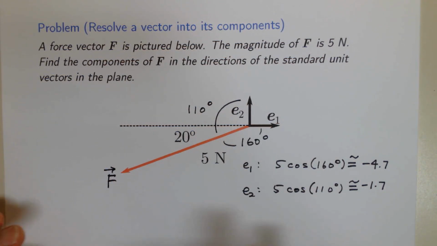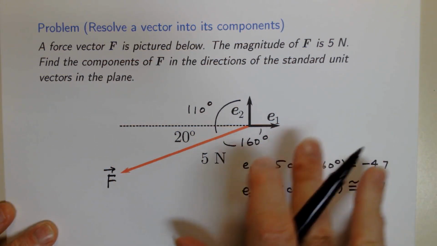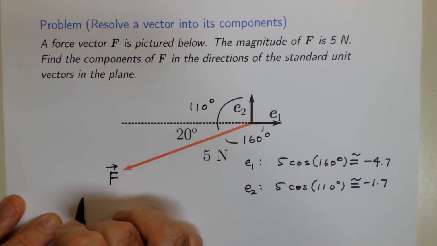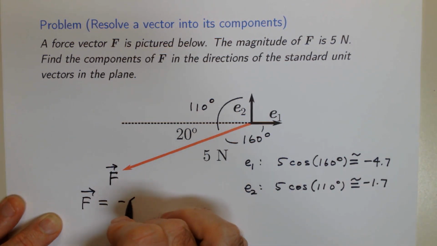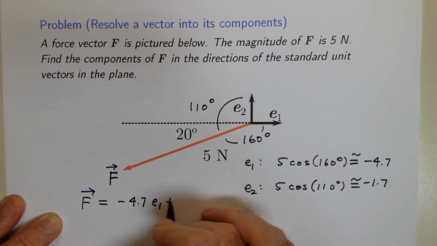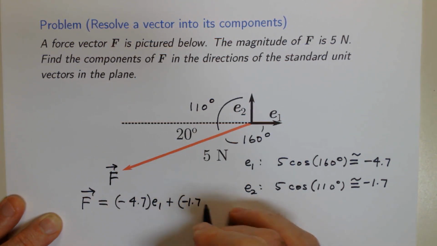Now, if we wanted to recover the entire force vector, we could paste these things back together and say that F is composed of negative 4.7 newtons in the E1 direction plus, again approximately, negative 1.7 units in the E2 direction.